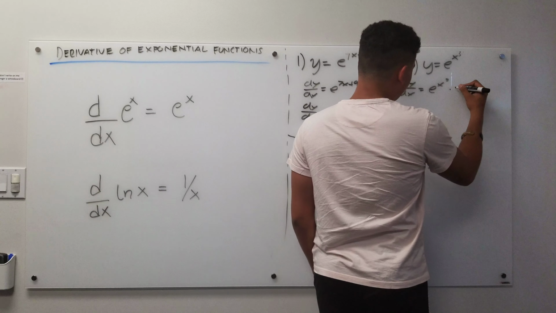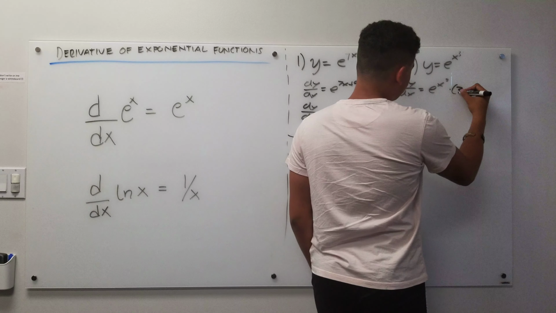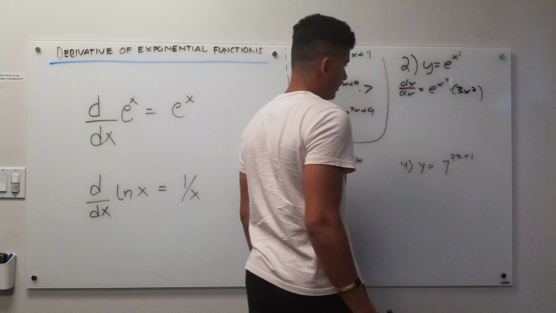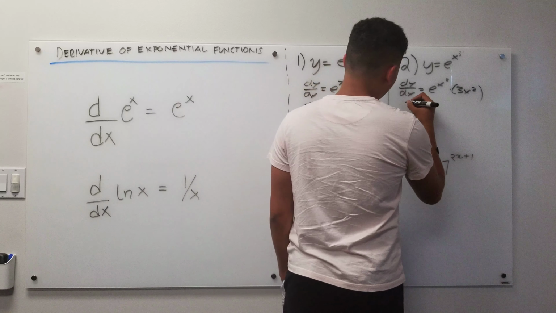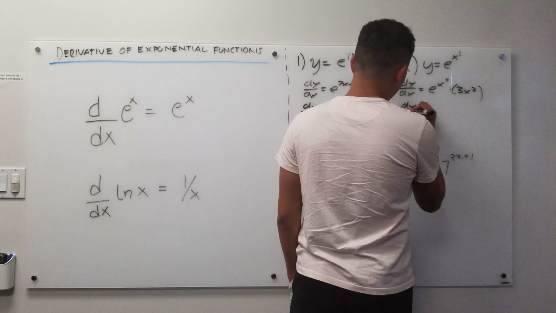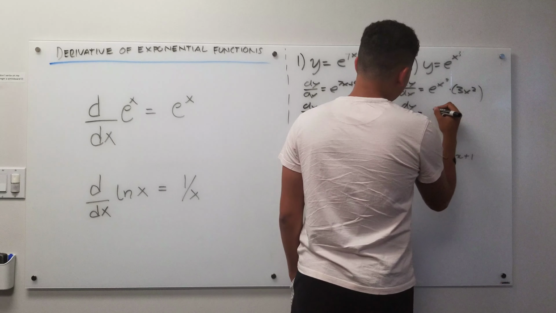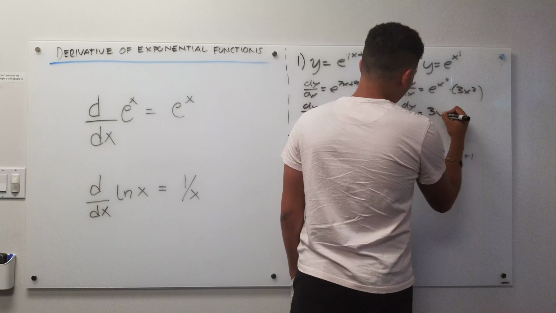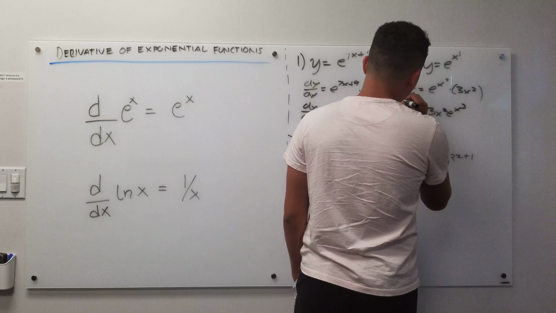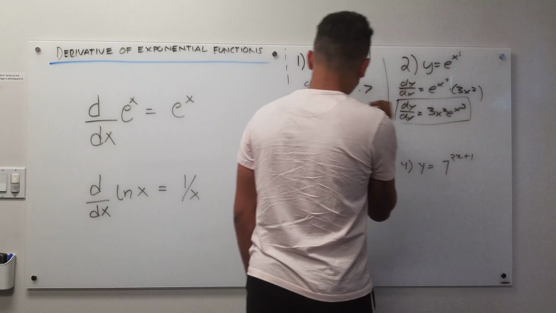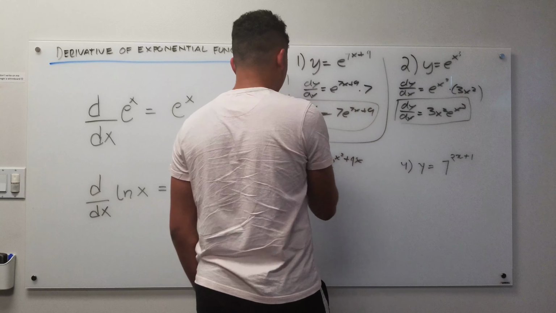And using power rule over there, we can say that this is 3x squared. And remember, chain rule says you have to take the derivative of whatever that is. So dy/dx is equal to 3x squared e to the x cubed. Box that answer, and I should box this one too.